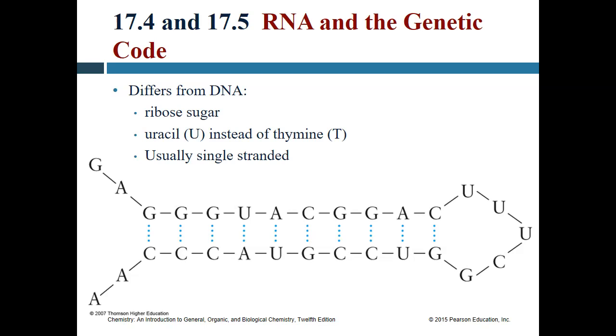Replication is the job of DNA and helicase and a couple of other very specific enzymes and proteins. RNA is going to take the genetic information from the DNA and use that genetic information to start to build amino acid chains.